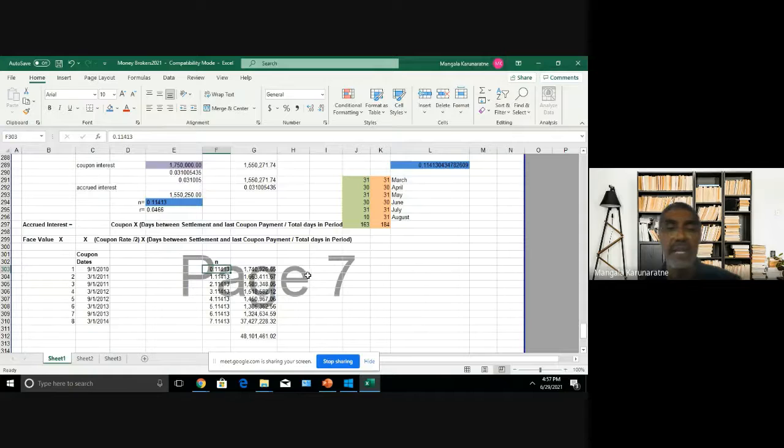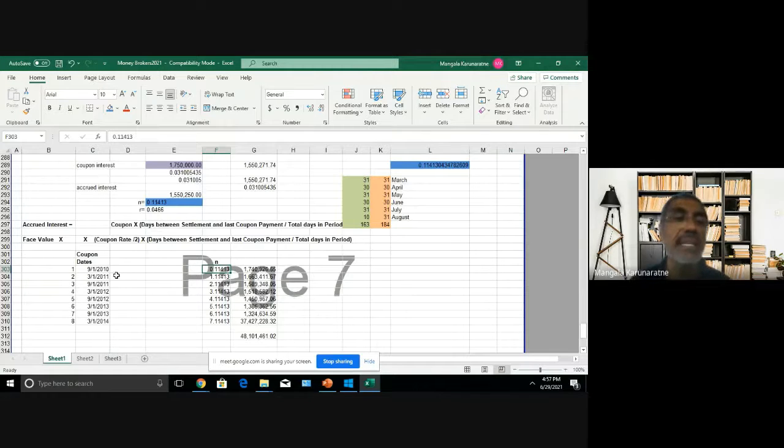The first one we are about to receive in 21 days is 0.11413 periods away from us, right?